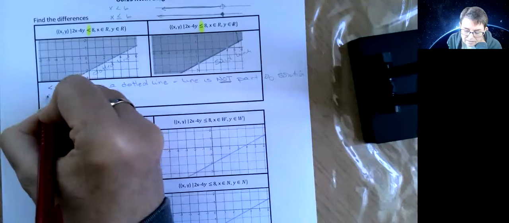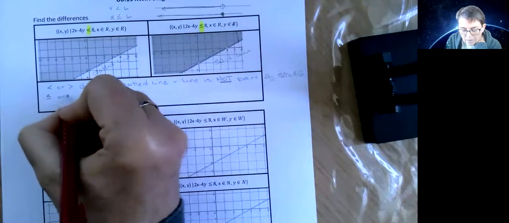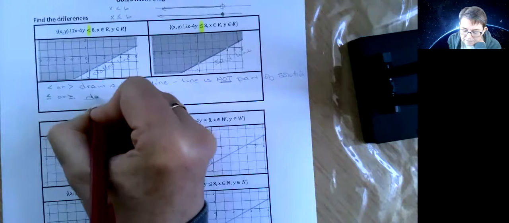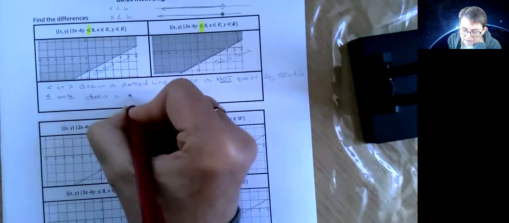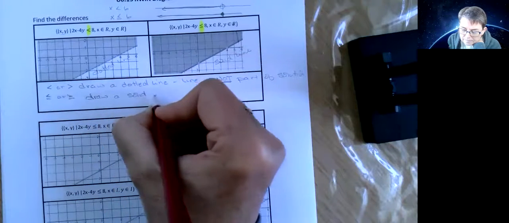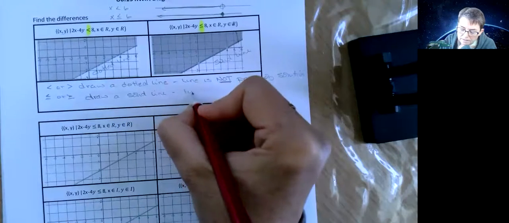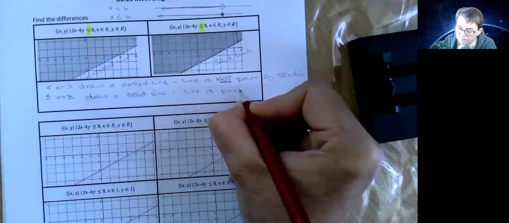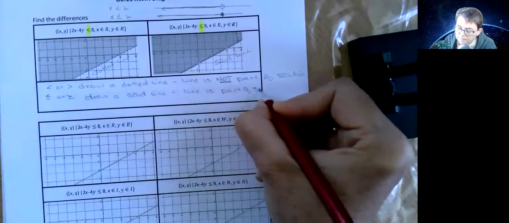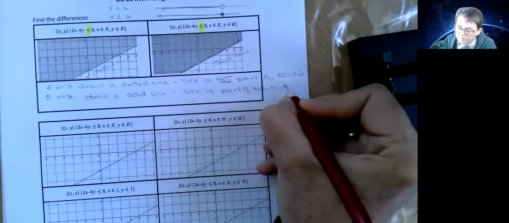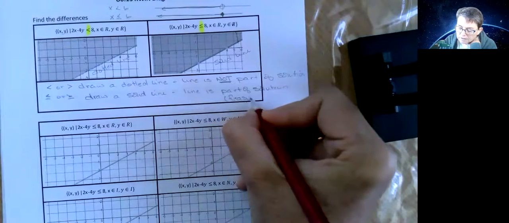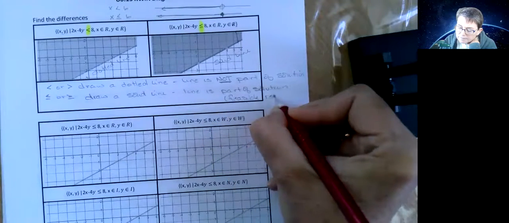When you have a less than or equal to or greater than or equal to, you draw a solid line, and in this case the line is part of the solution, or I should be writing it right, the feasible region.